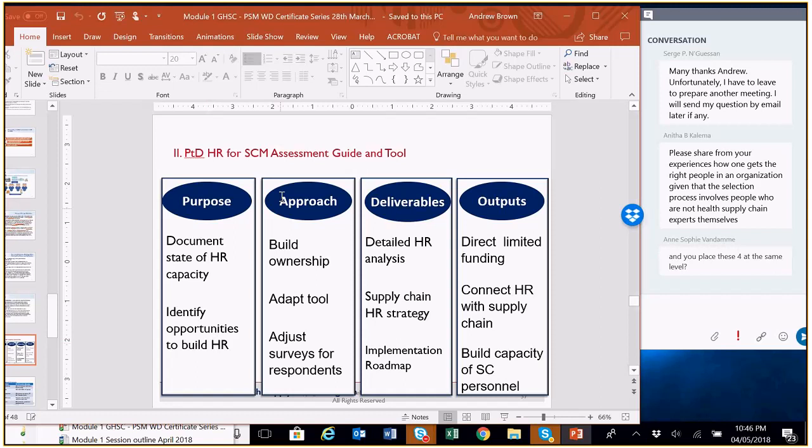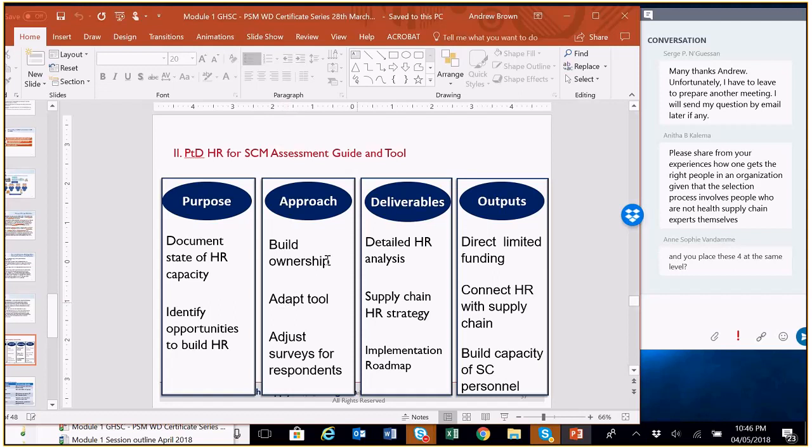The way it works is by building ownership of the people who should have responsibility for human resources. There is a particular tool that looks at having some surveys of people who understand the human resources system, people in academia who would be training people in this area, people within the supply chain organization who look after human resources, and different development partners who might be supporting.